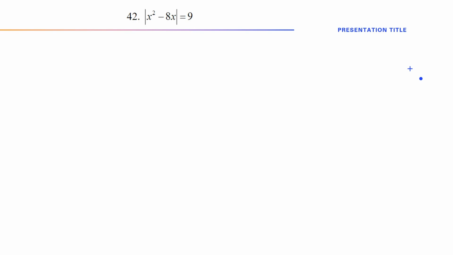So we do the same with this one. x squared minus 8x equal 9, or x squared minus 8x equal negative 9. So we will have x squared minus 8x minus 9 equals 0. We minus 9 both sides.